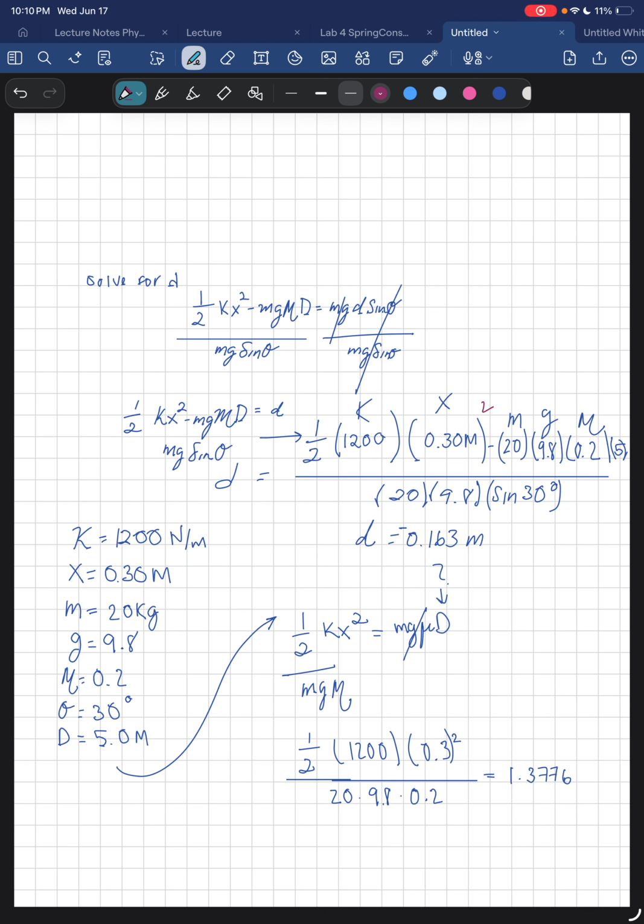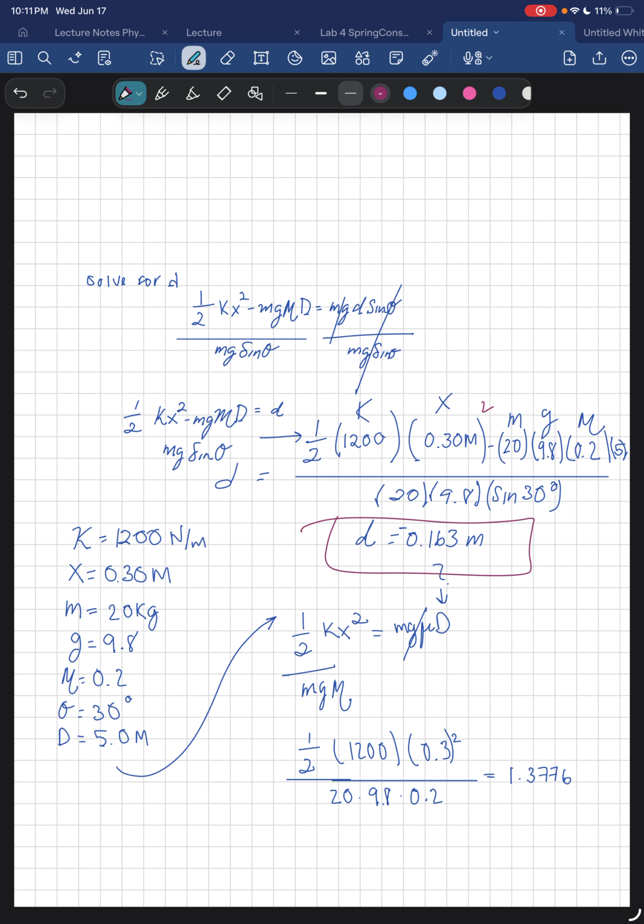Then we're dividing this all by 20, the mass again, times 9.8, the gravity, and then the sine of 30. From plugging this all into my calculator, I got d equals negative 0.163.